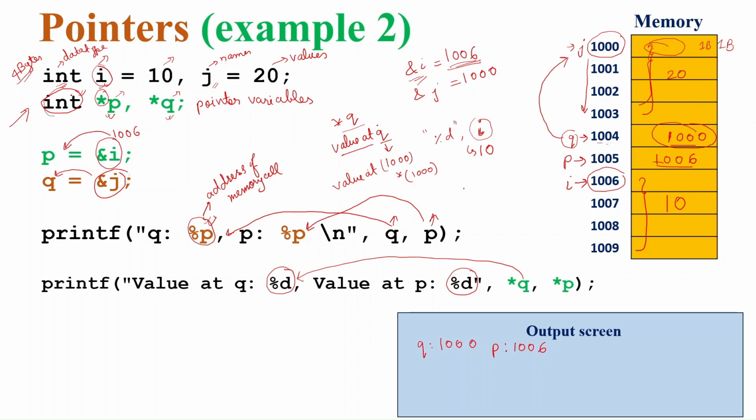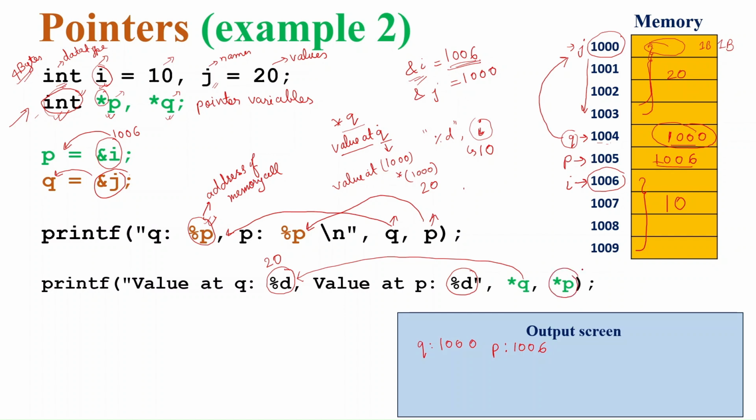It is saying that it will occupy 4 bytes. The data type of a pointer tells you how many memory cells this pointer variable is addressing. Okay. So you see star 1000. So what is the value at 1000 now? 20.